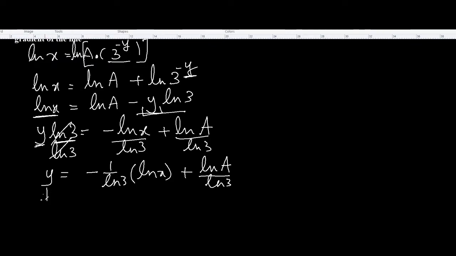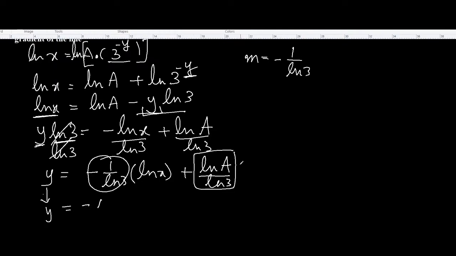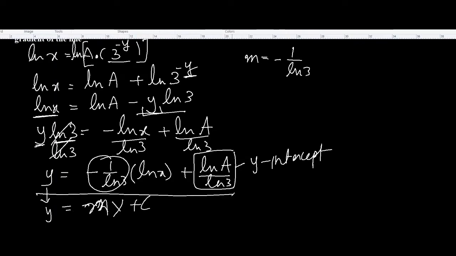So this becomes y equal to, this is the gradient m, so let's write here m equal to minus 1 over ln 3, and this becomes the y-intercept. Because it is in format of y equal to mx plus c, this is a line. This will form a line when we draw a graph.